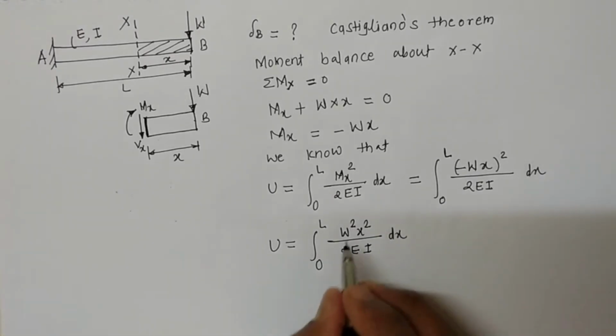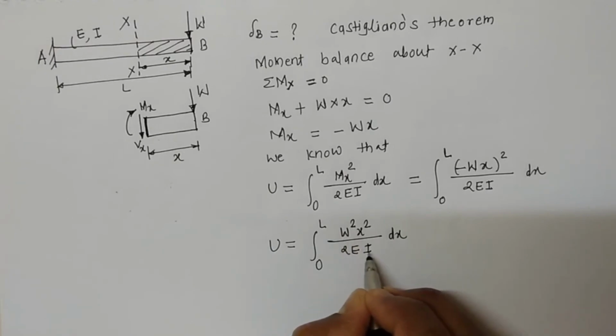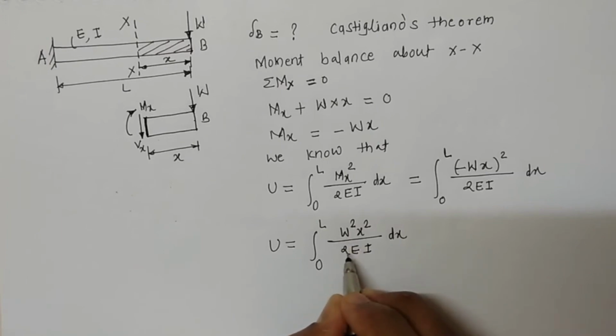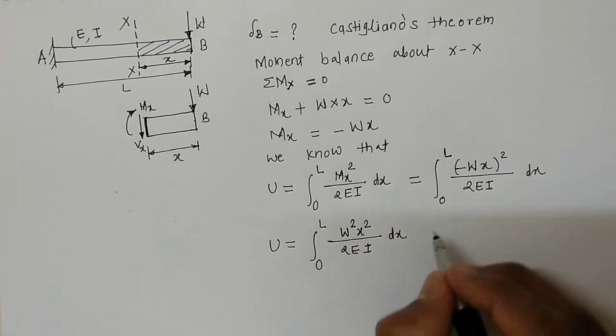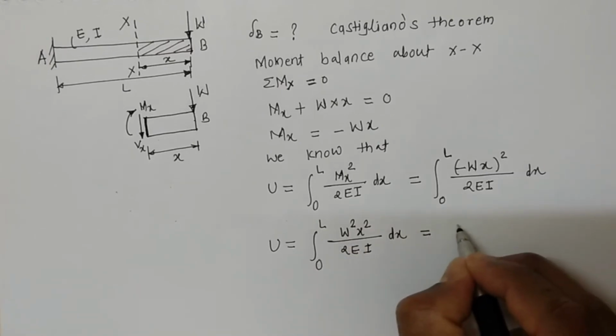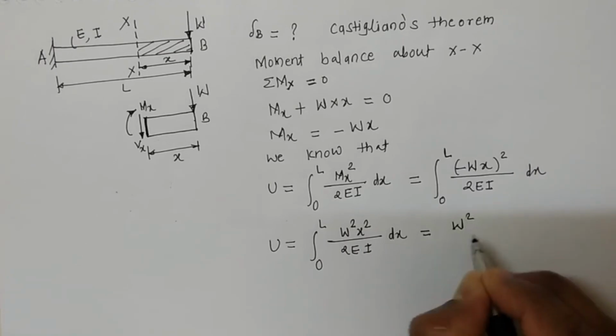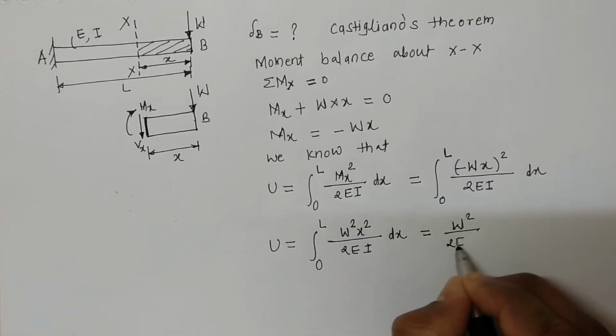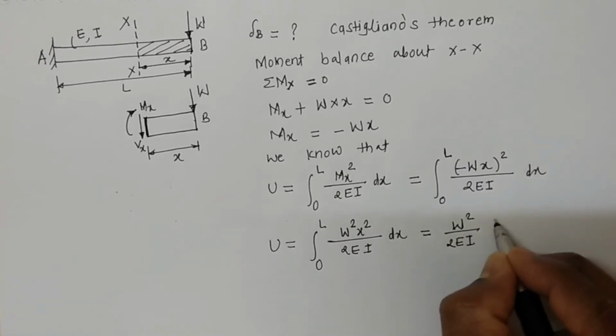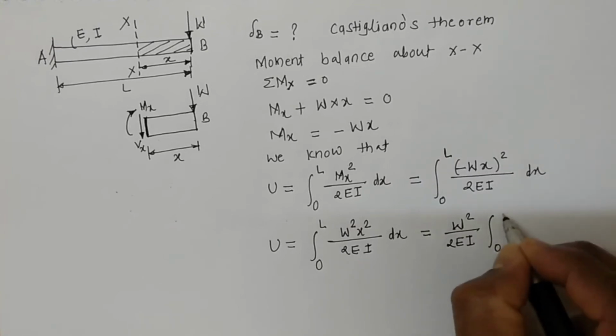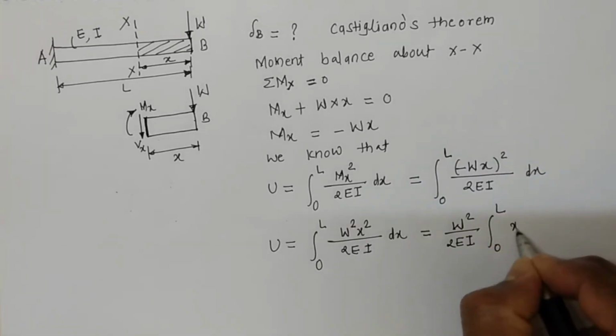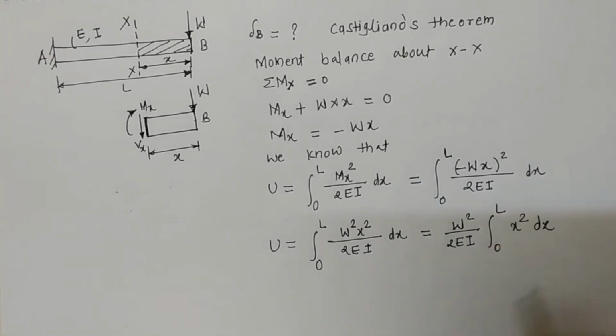Now W is constant, E is constant, I is constant. I can take these quantities outside the integral. So I would get W square by 2EI integral 0 to L X square dx.